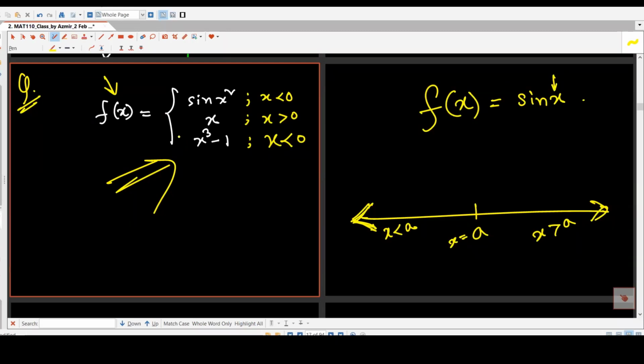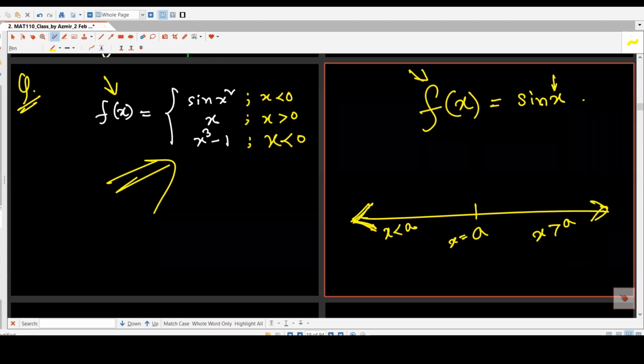To answer this one, I would like to take this example. We have f of x equals sine x, so we can input anything. That means the same function is defined for all x belonging to R. Or we can extend our idea: the same function is defined for x equals 0, x greater than 0, x less than 0.